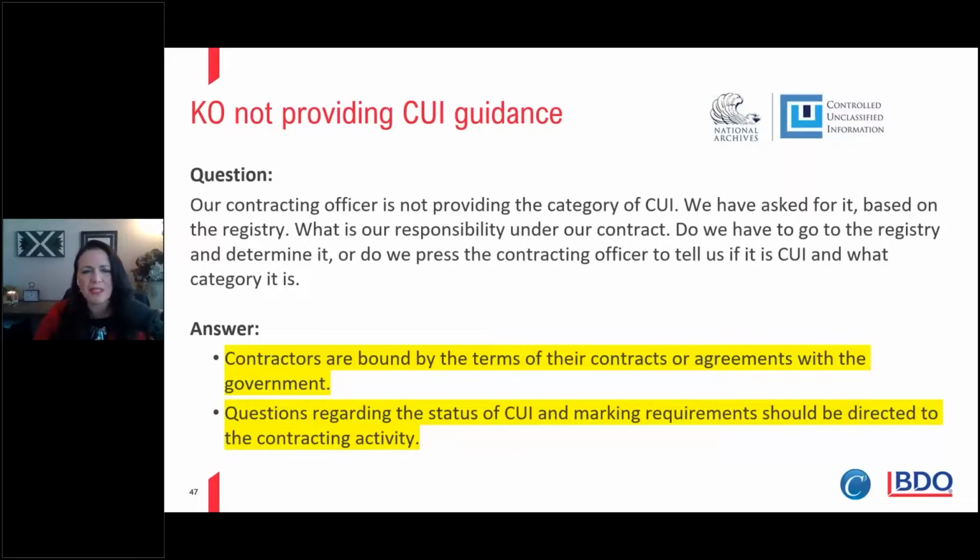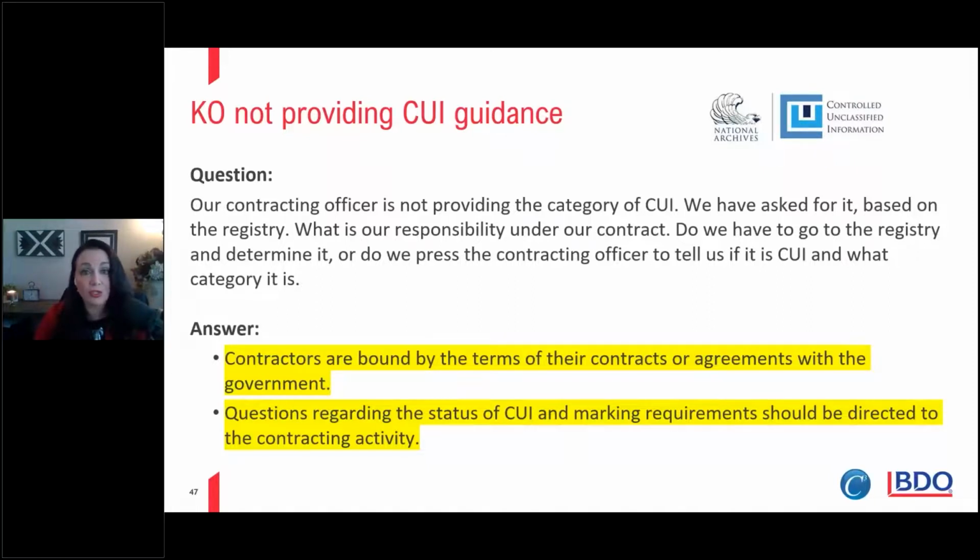So what happens if we have a contract officer that either doesn't know, maybe they don't have good information, or they haven't been able to provide you information, and you have no information to go on for the category of CUI, regardless of asking for it or trying to get some other sources? So right now, according to the ISOO blogs, they say that contractors are bound by the terms of their contracts or agreements. So we have to follow that.